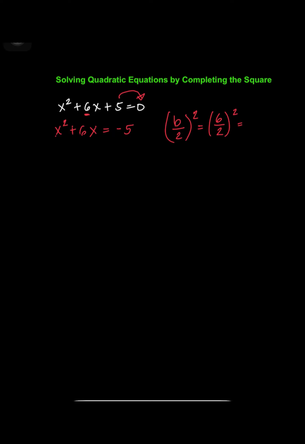And that is equal to 6 over 2 is 3 squared. And that will give us 9. Okay. So, yung 9 na yan is i-add natin on both sides ng equation. So, let's do it. X squared plus 6x plus 9 equals negative 5 plus 9.